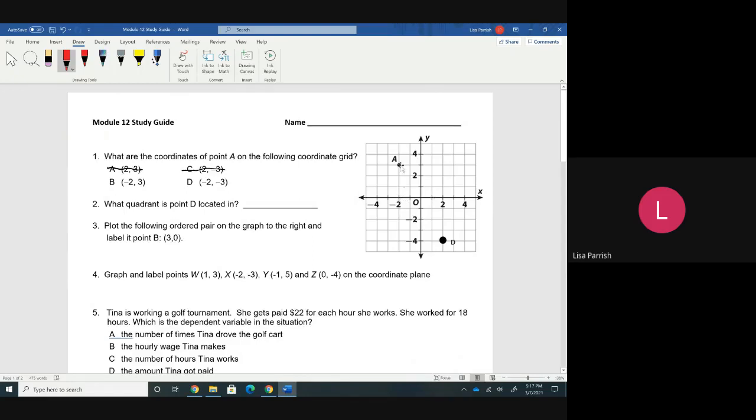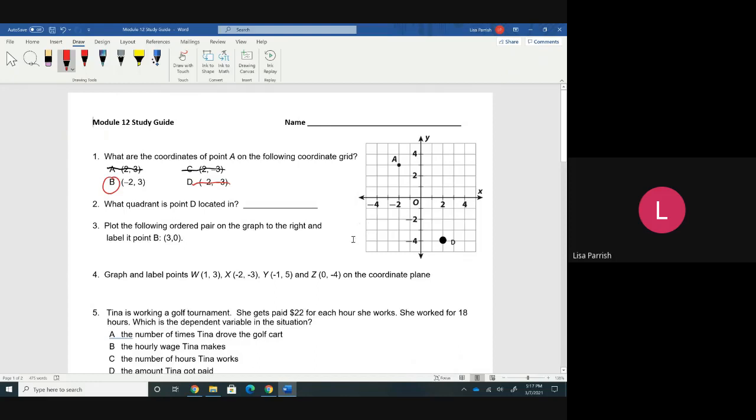Then I'm going to shoot up, and if I'm going up, I'm in the positive numbers. The dot is between the 2 and the 4, and I know between 2 and 4 comes 3. I notice I'm up in the upper section, so that would be a +3. That would eliminate choice B, and I would choose D as my choice. Those are the coordinates of point A.